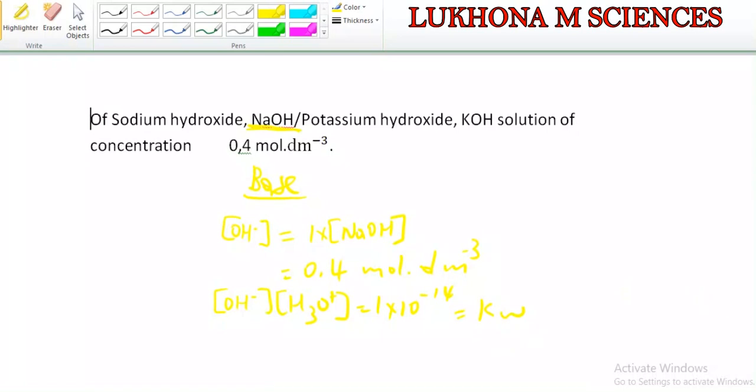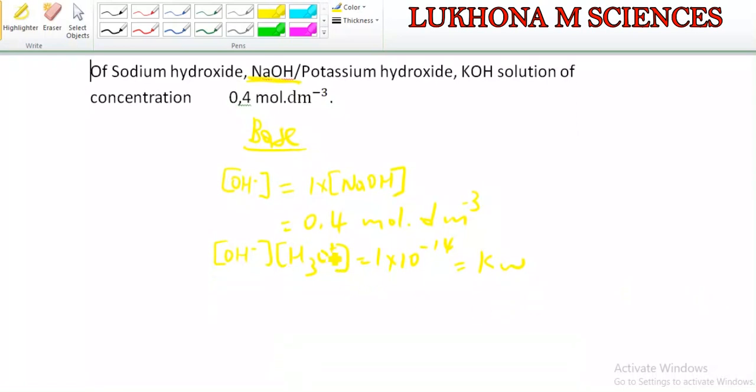Now we are looking for H3O plus, therefore we will take this and substitute here. So we have 0.4 times H3O plus, which is equal to 1 times 10 to the power negative 14. Then we divide by 0.4 both sides. Then we have H3O plus concentration.